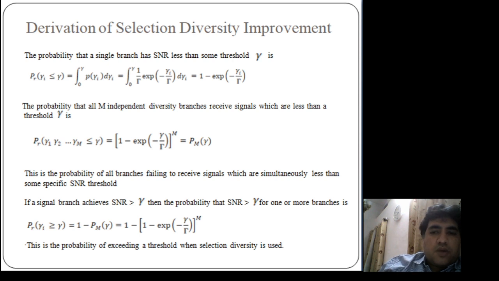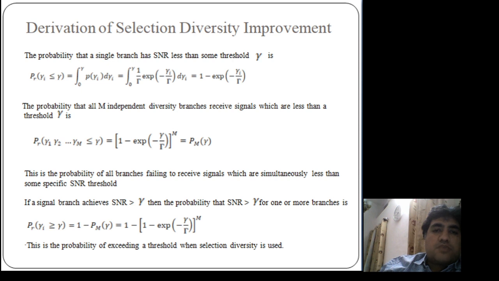So if we adopt the selection diversity of m different branches, then what will be the probability that all these m independent diversity branches will receive the signal less than the threshold? So that will be given by PR threshold 1, threshold 2, threshold m less than or equal to threshold.